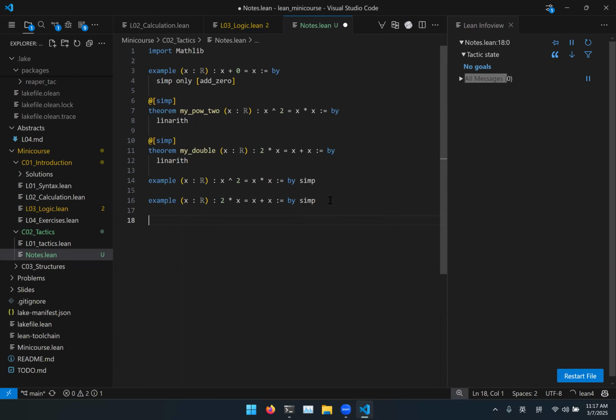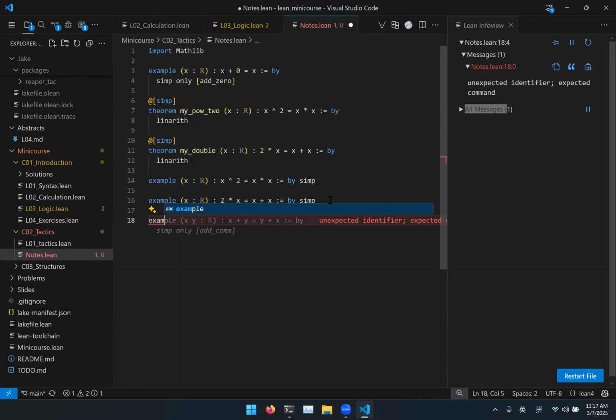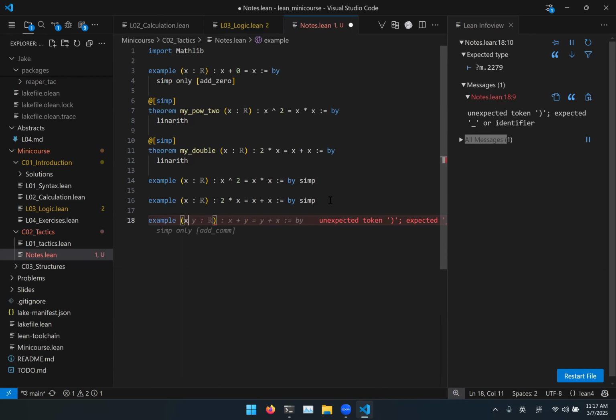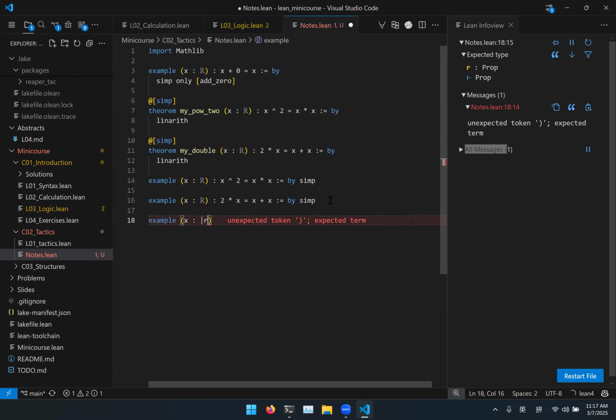What's more, the simp tactic can also recursively apply your set of simp lemmas and try to make the claim simpler. For example, I will use a more complicated goal.